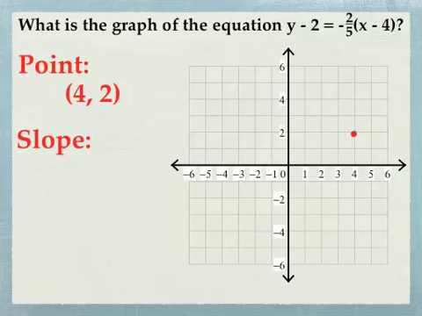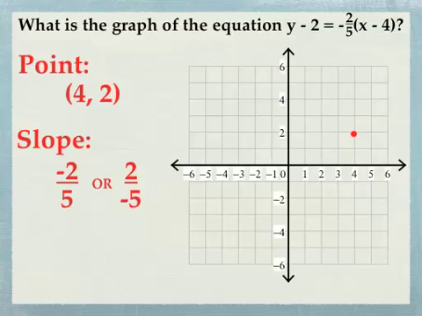My first step is to go ahead and plot the point at (4, 2). From that point, I need to count the slope, which in this case is -2 over 5. -2 over 5, remember, can be written 2 different ways. We can write it as a -2 over a +5 or a +2 over a -5. If you look at -2 over a +5, that tells us to move down 2 units and to the right 5 units.